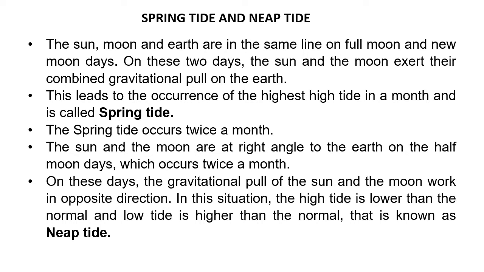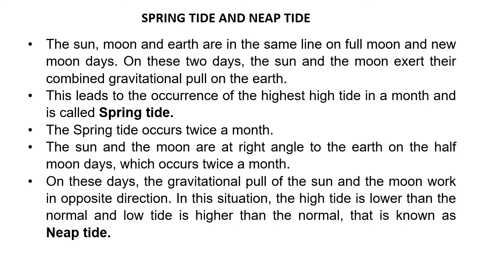When the moon is at half, neither full moon nor new moon, neither Purnima nor Amavasya, on other days, what happens? The gravitational pulls of the sun and the moon work opposite to each other, and because of that, the high tide is much lower. What is high tide?